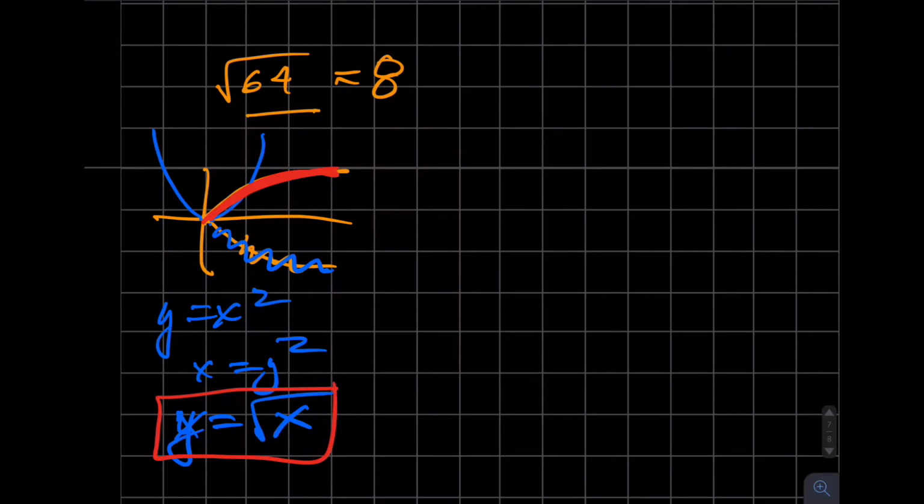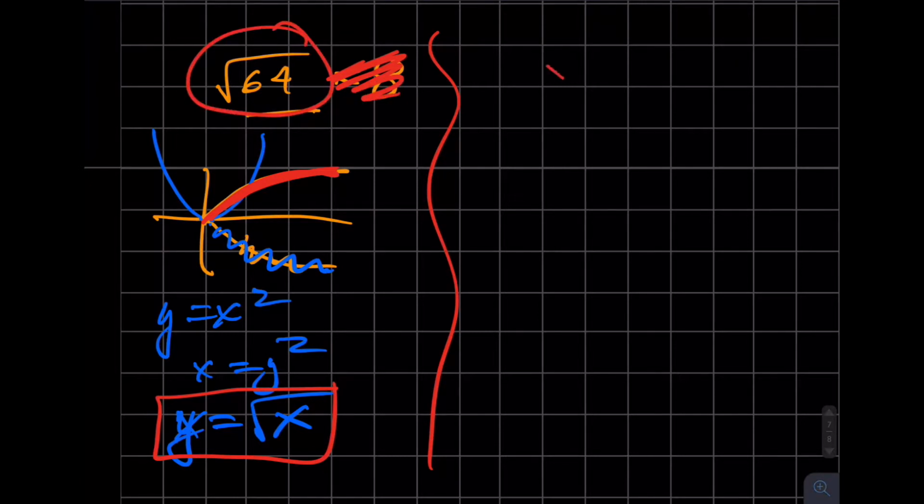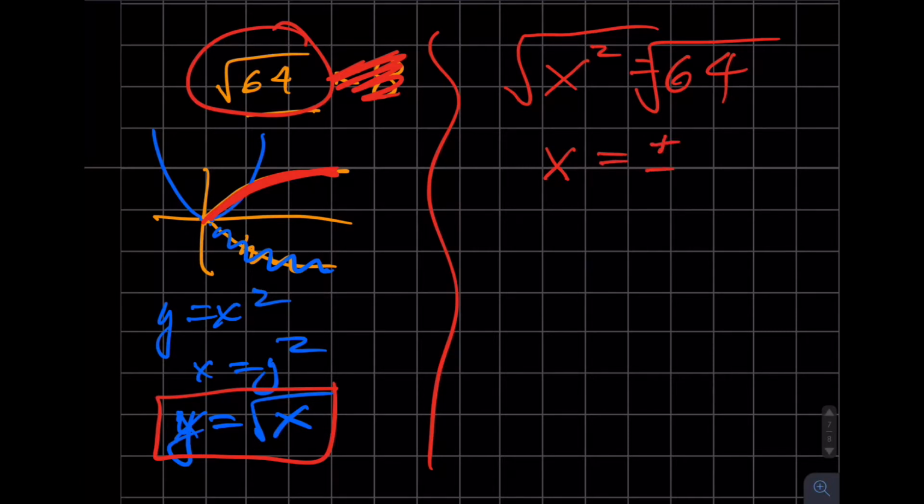So that's a restriction on the range of y equals the square root of x. In the same way, with the trig functions, we have those range restrictions as we did in the last unit. But just like square root, if I had an equation that was x squared equals 64, and then I chose to take the square root of both sides in order to solve for x, I have to consider that there are negative values that will also make this equation true.